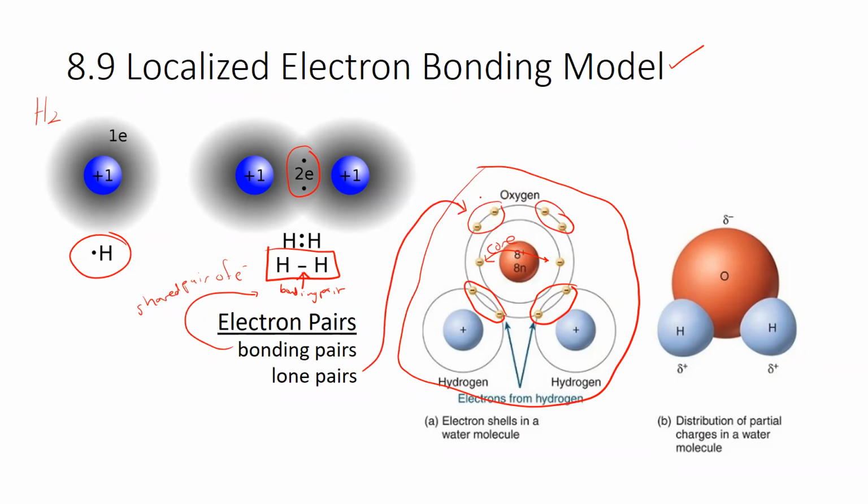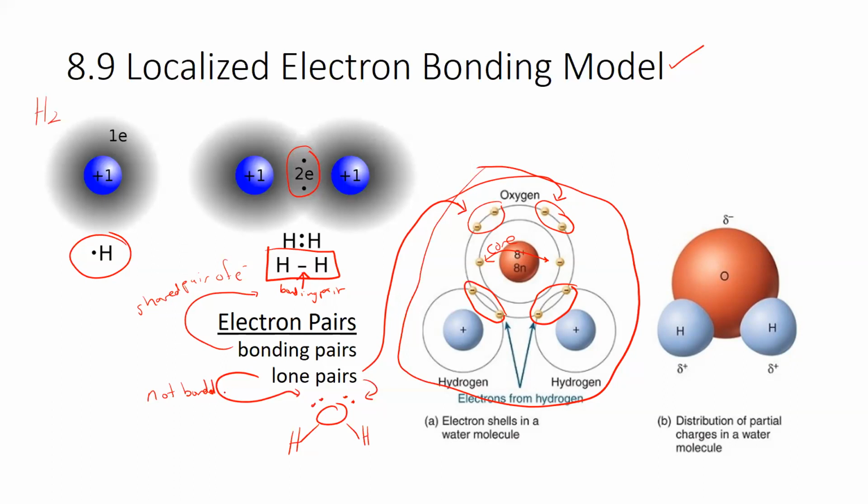Okay, so when we draw a Lewis structure in particular, a Lewis structure for water will be written like so. And so you'll have two lone pairs, right? That's how we're depicting those lone pairs, okay? Now, those are electrons that are not involved in the bond, so not bonded.